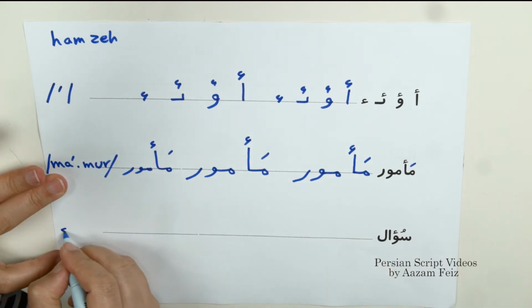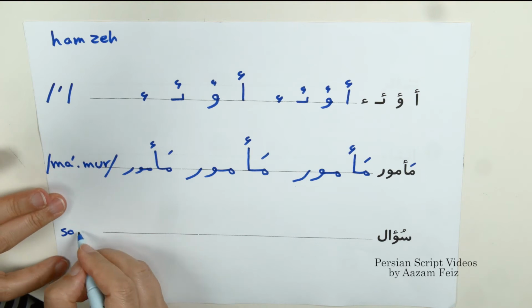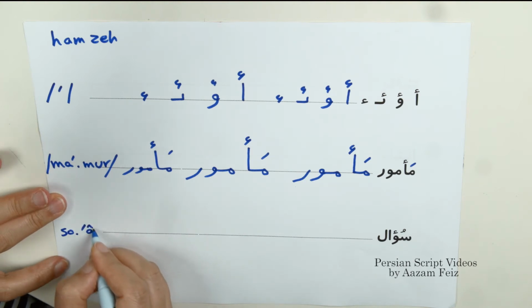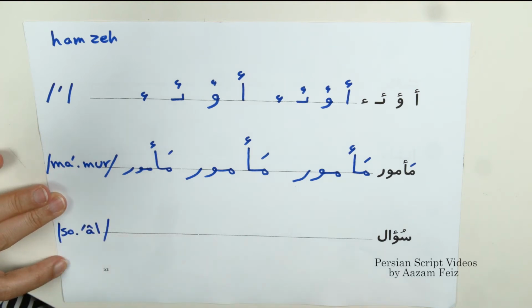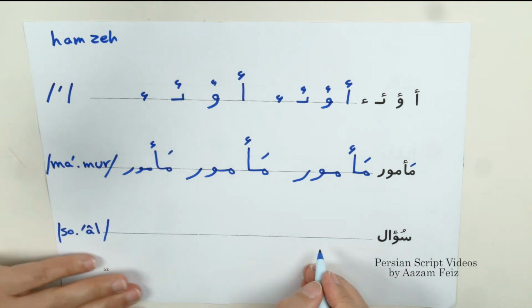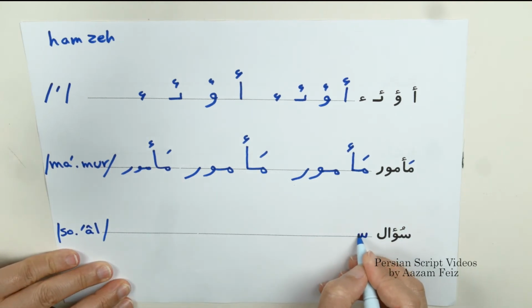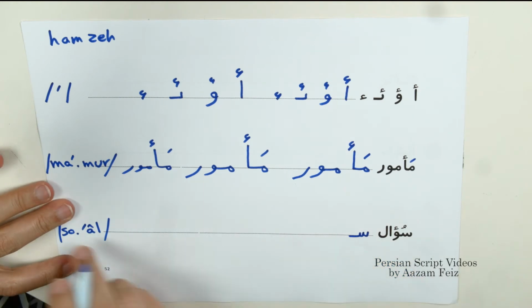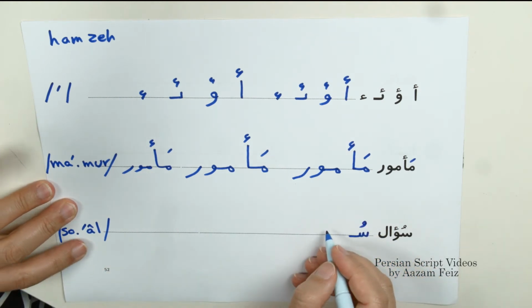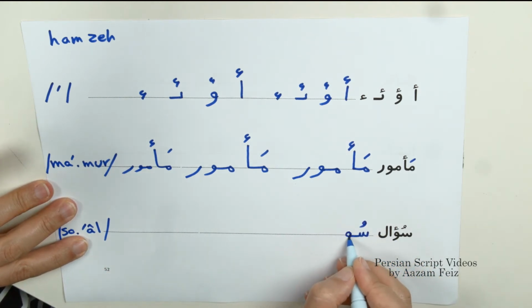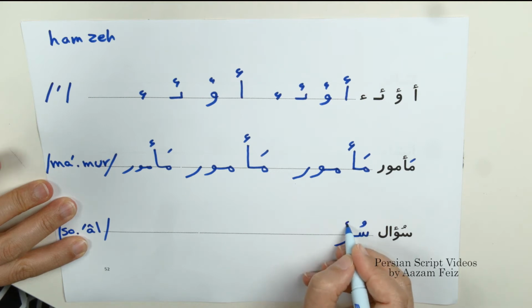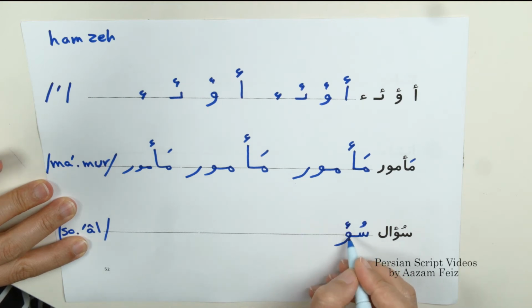The next word is soal. Soal means question. So I start with s, and then o, and then hamzeh. Here hamzeh sits on vav.